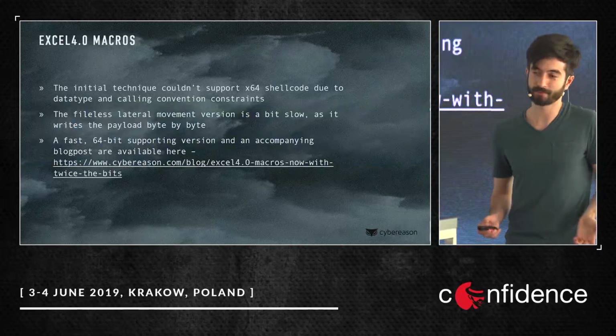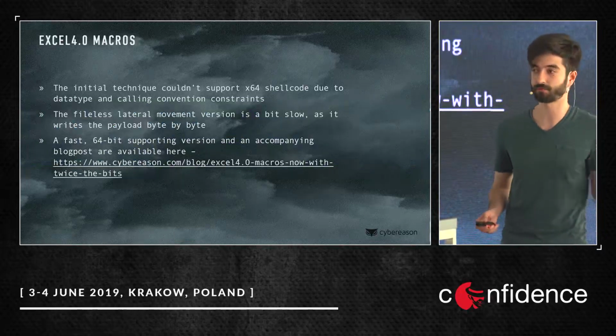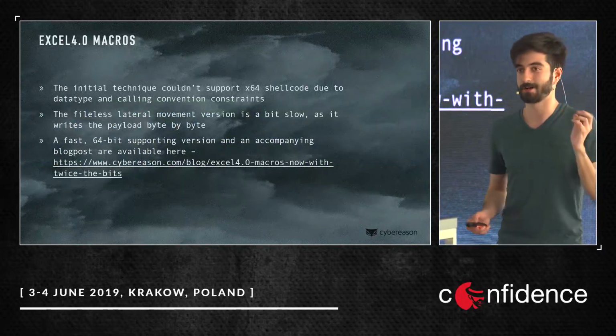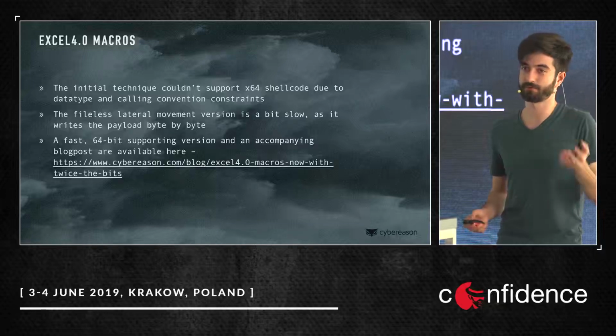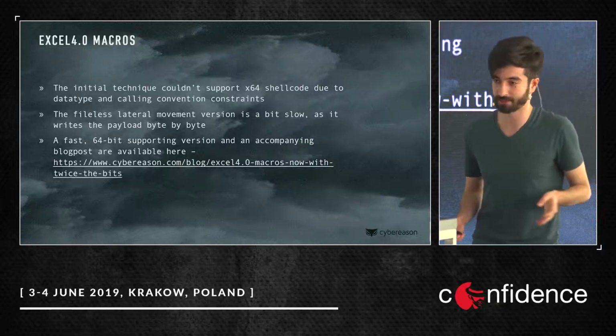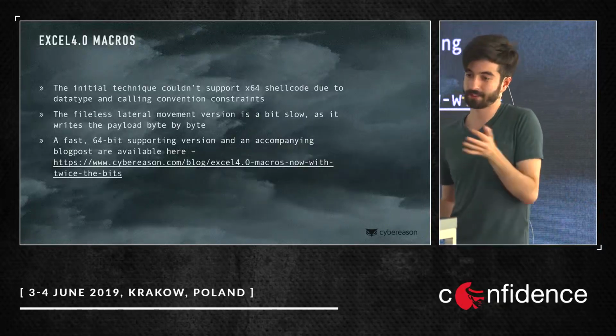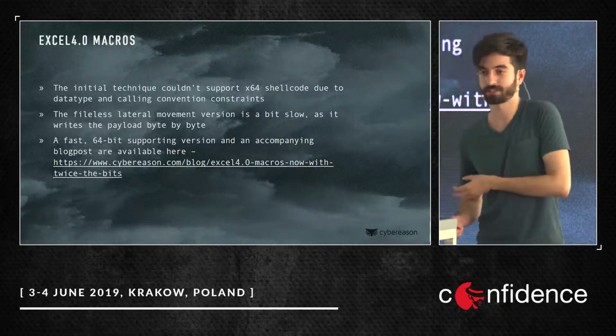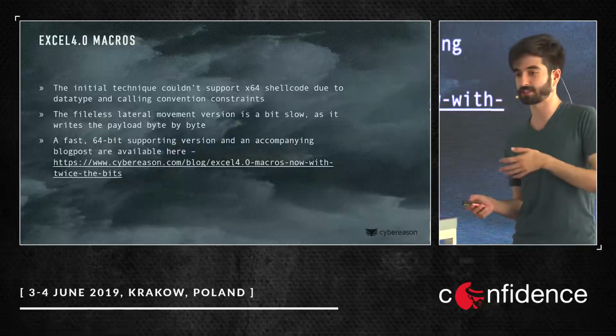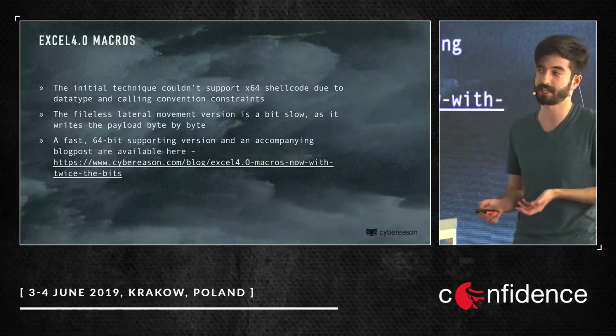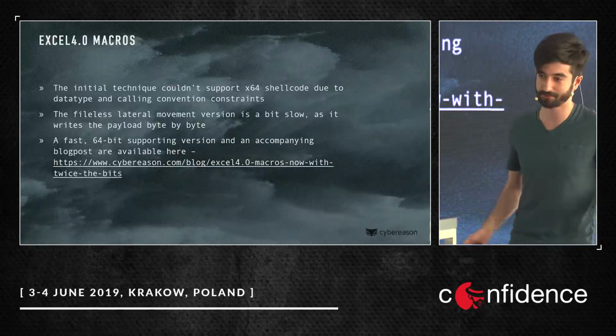And one of the main problems with Excel 4.0 macros was that the x64 version was a bit broken, meaning that you couldn't really run 64-bit shellcode due to some weird data type and calling convention constraints, and you would basically have your stack corrupted and lots of weird stuff.